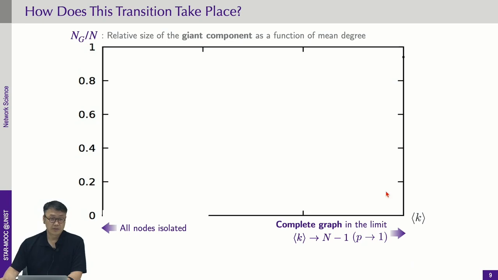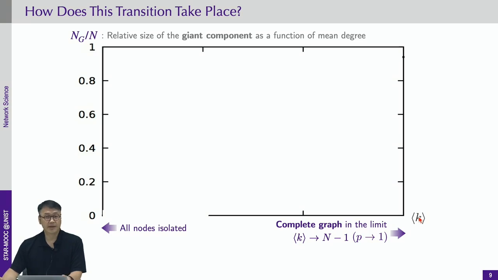Here, the vertical axis denotes the fraction of nodes that belong to the giant component. And the horizontal axis is the mean degree, or you can think of it as a linking probability P. First off, for the two extreme values of P, 0 and 1, it's sort of trivial.